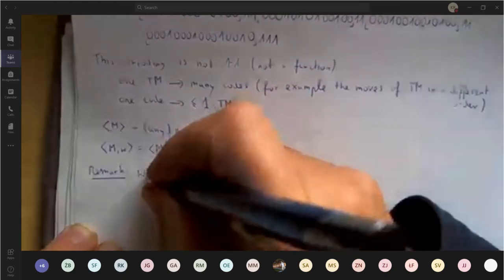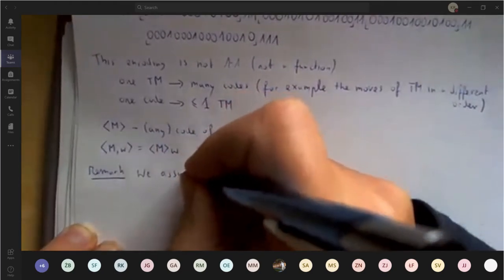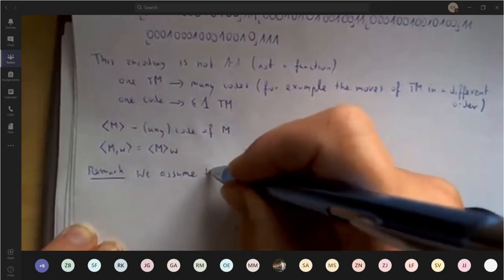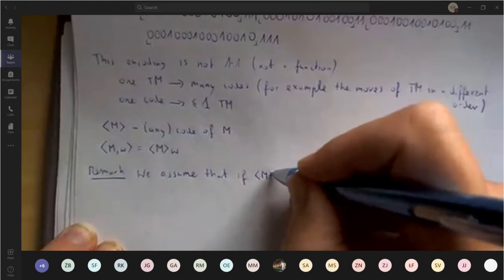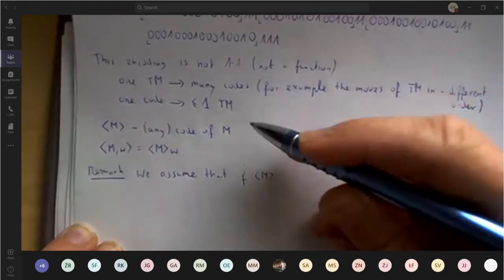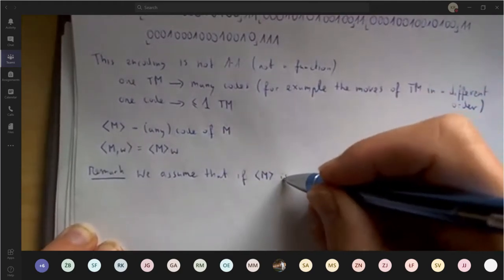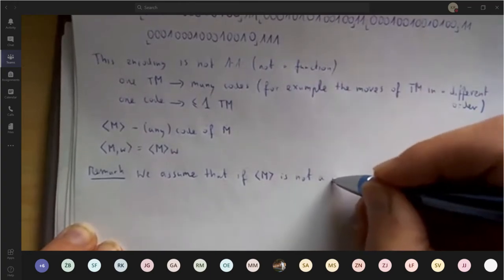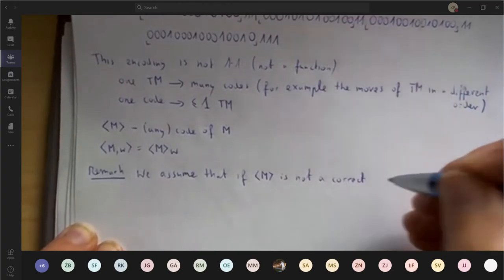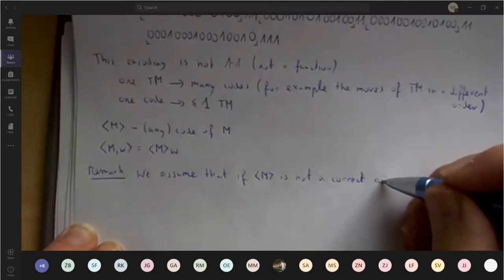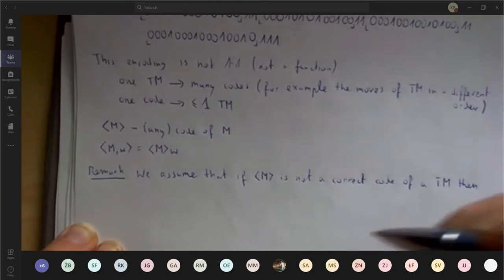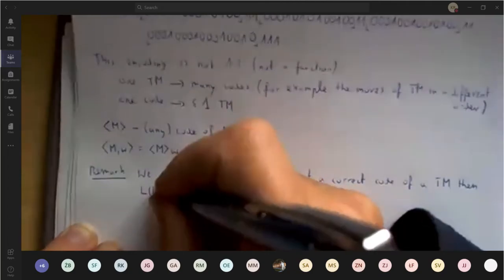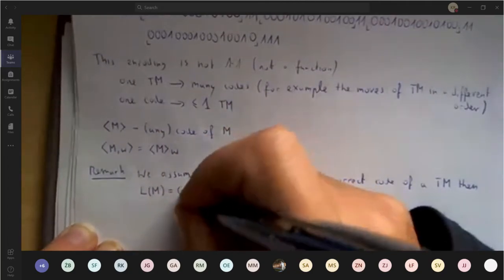So we assume that if some string which we consider as a code of a Turing machine is not a correct code of a Turing machine, then the language of this machine is empty.